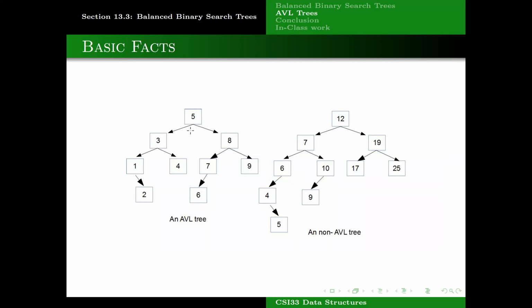The depth or height of its left subtree, remember how we counted? This is 0, so it will be 1 and 2. So it's 2. And for this subtree, its height is 1 and 2, so 2. It's like the length of the path from the root to the deepest node. So the height of this subtree is 2, and the height of this subtree is 2.